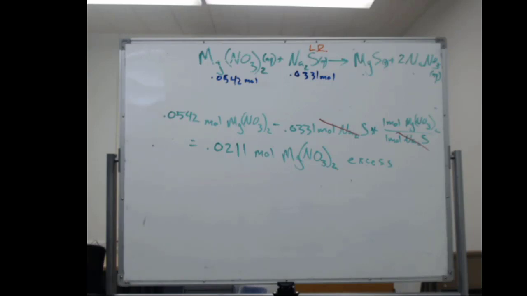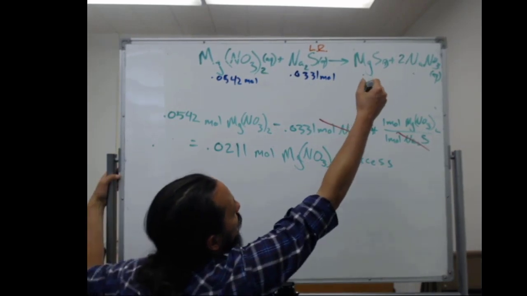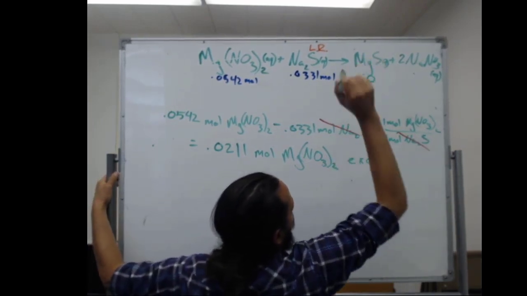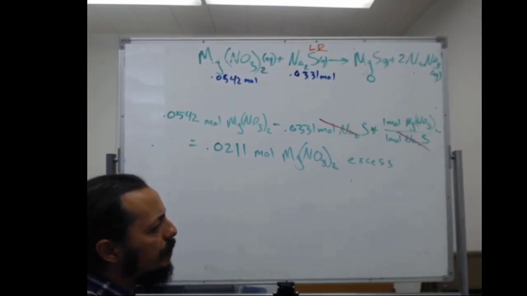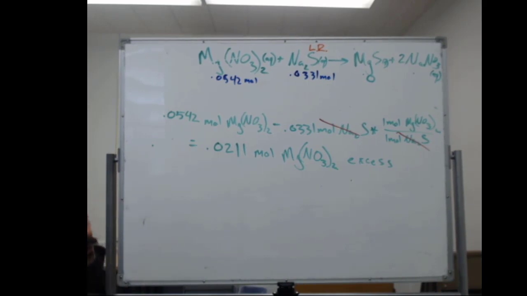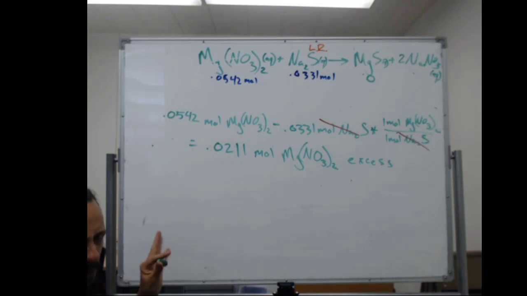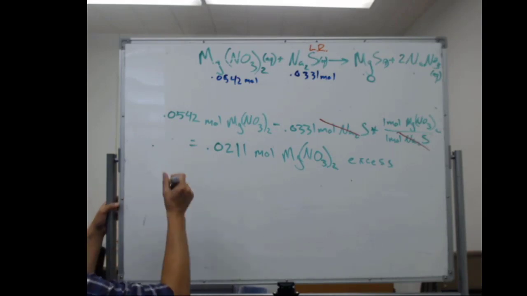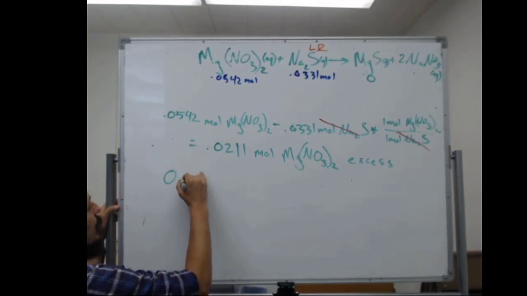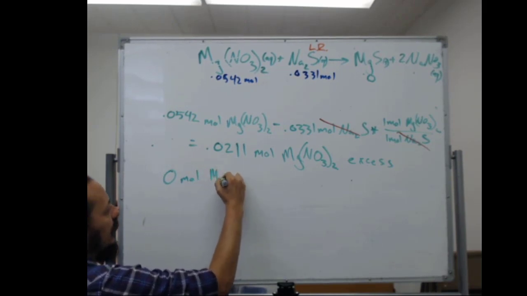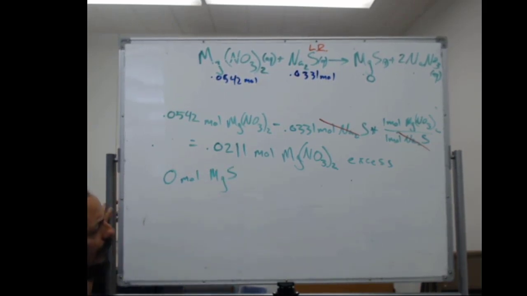We'll do the same thing for the amount of magnesium sulfide produced. Now, we didn't start with any magnesium sulfide, and in this class we're never going to, but in Chem 125, 128, you'll have situations where you have non-zeros in your products. Don't worry about that this quarter, but if you're wondering why I'm starting with 0 moles magnesium sulfide, that's because we don't have any magnesium sulfide at the start.